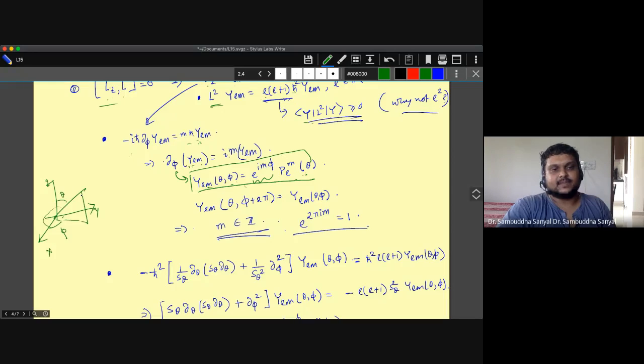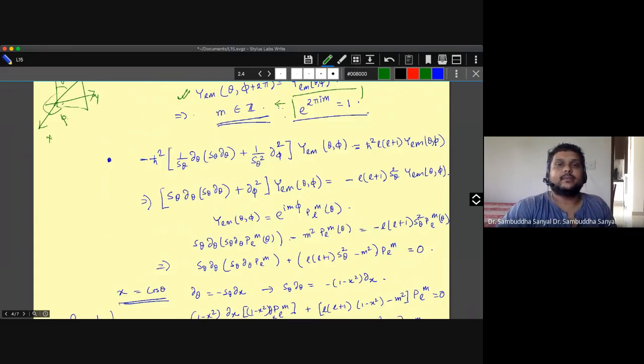This is theta, which has pi angle at maximum from here to here. So this must satisfy this constraint. It is again like a particle on a circle on this single coordinate. If it has to satisfy this, it implies that m must be an integer. So that is what we get, the constraint on m.